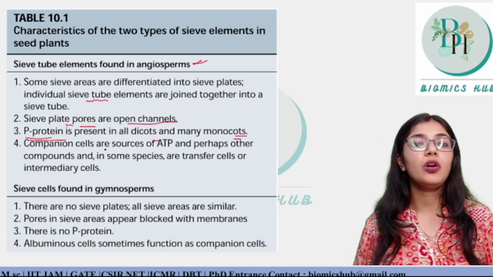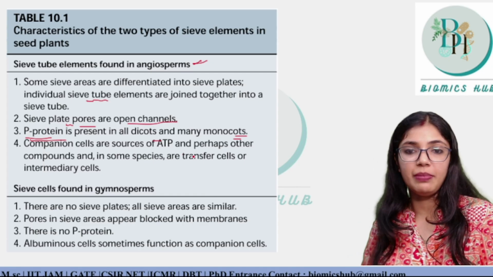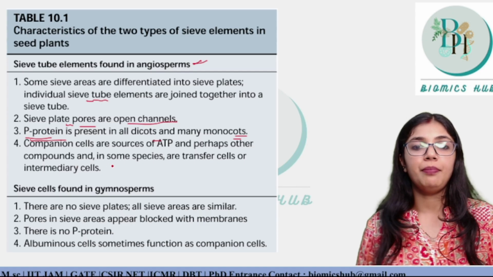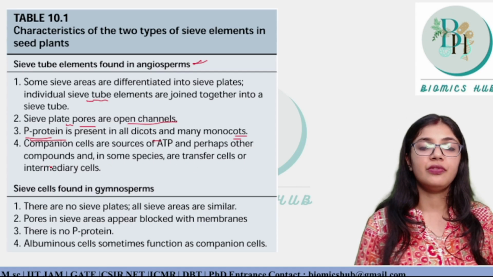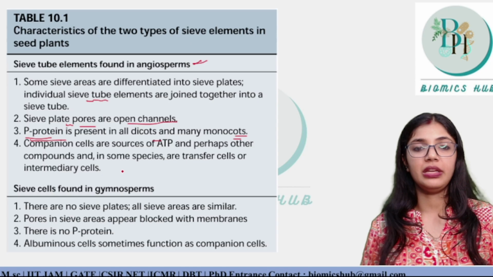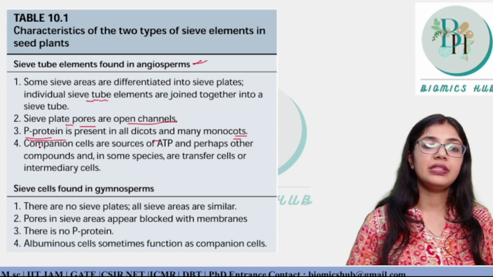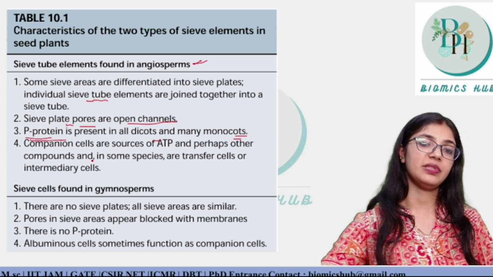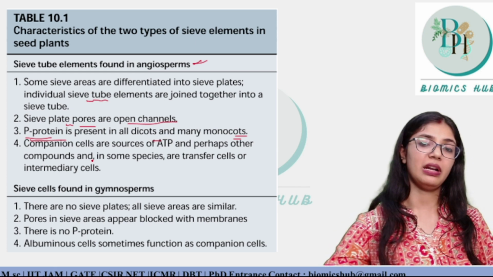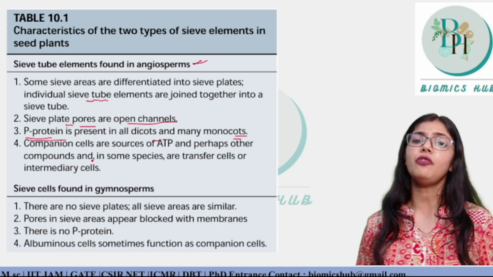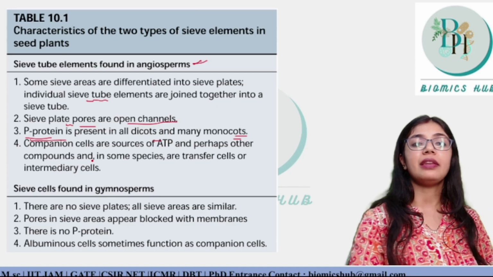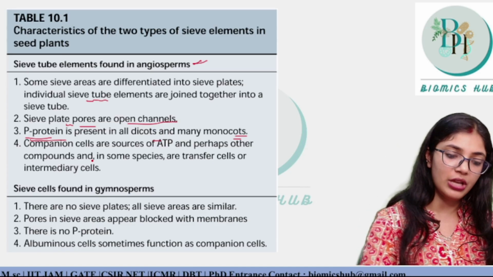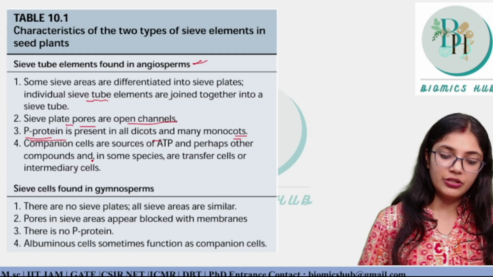Okay, companion cells are a source of ATP and perhaps other compounds, and in some species are transfer cells or intermediary cells. These companion cells are of different types according to the number of plasmodesmata present in them.